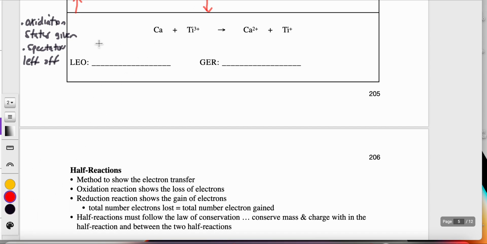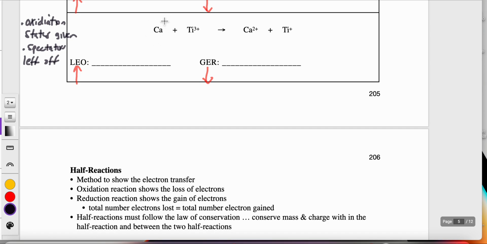So quick reminder, LEO, lose electrons, oxidation, losing negative charge, so the oxidation number is going to increase. GER, gaining electrons, reduction, gaining negative charge, the oxidation state is going to decrease. So when I take a look at this process, I see that calcium's oxidation state is not listed.